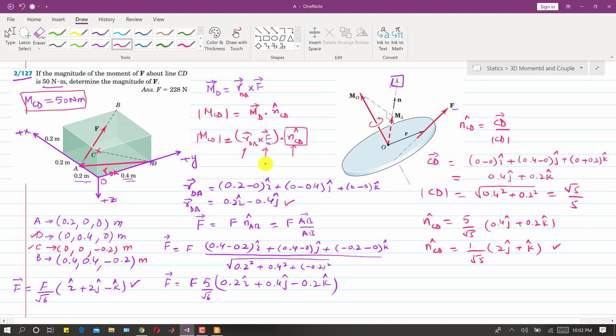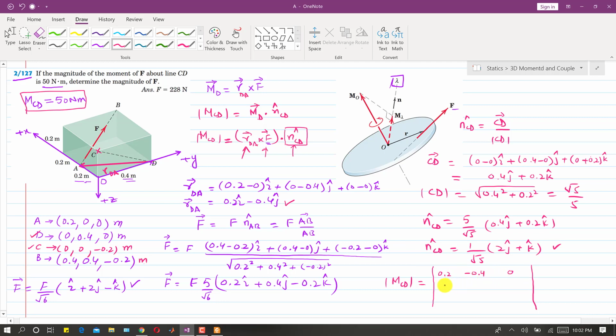Now we know this moment arm vector, we know this force vector, and we know this n_CD vector. So we will apply the scalar triple product, right? How do we apply it? We will write the moment about CD magnitude is equal to the determinant. I will write the components of R, which is 0.2I minus 0.4J, so 0.2, minus 0.4, and 0.